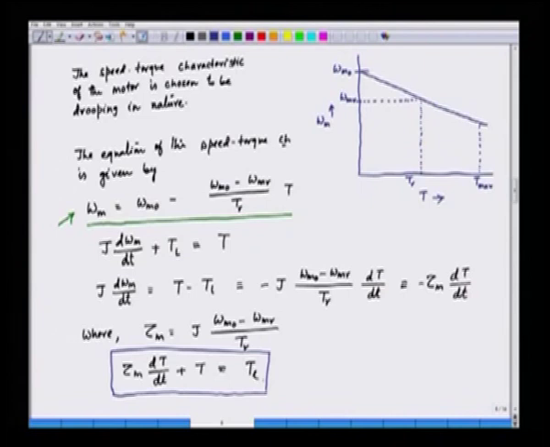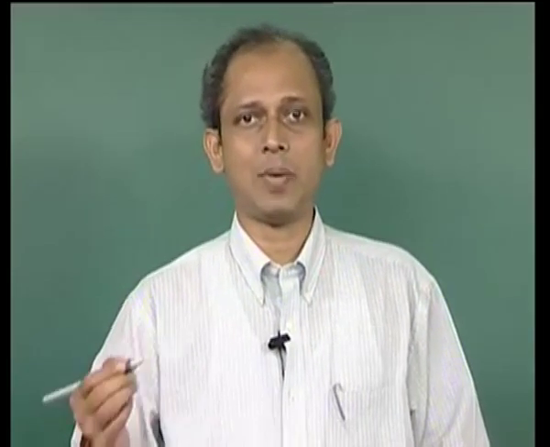This equation has to be solved, and if we solve this equation, we get the torque variation with time. How does the torque vary with time? Now we go back to our previous diagram that we have drawn when the torque was changing from a low value to a high value. When the load torque is changing from a low value to a high value, how does the machine torque change?